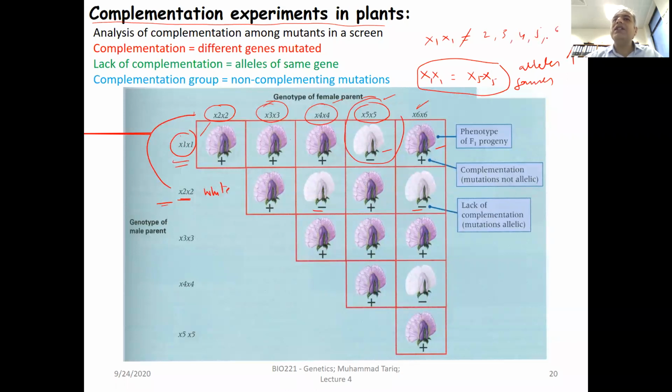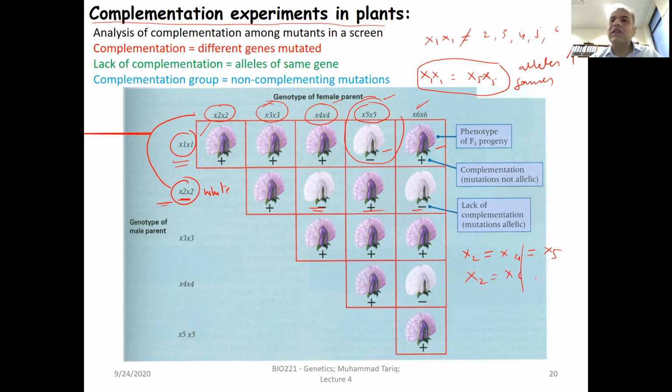They are independent genes. However, X2 and X4, X5, what are they? So X2 and X4 are non-complementary, and X2 and X5 are complementary. X2 and X4 lie on the same gene. X2, X4 and X2, X6 are not complementary.